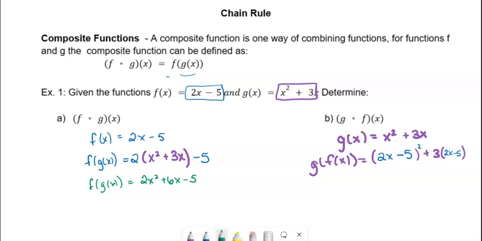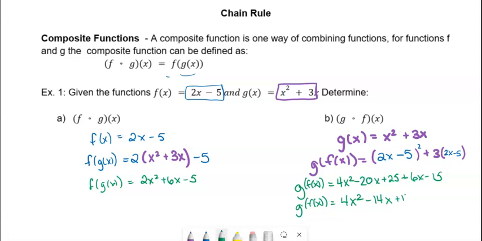Now I'm going to simplify this further. 2x minus 5 squared is 4x squared minus 20x plus 25, plus 6x minus 15. Combining like terms, 4x squared minus 14x plus 10.